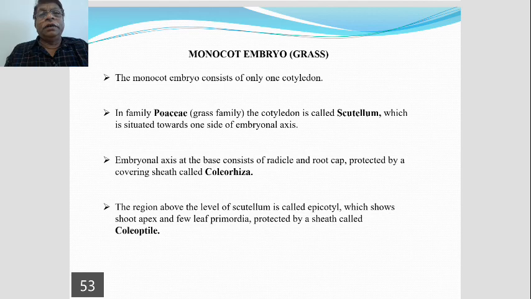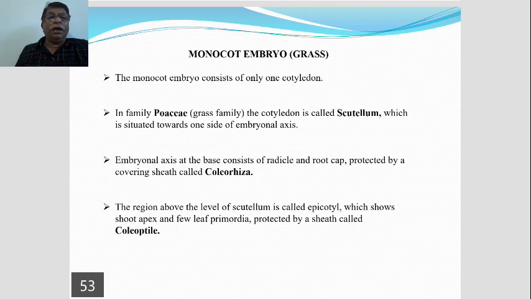It is one of the morphological differences between monocots and dicots. Examples for monocots: jawar, bajra, wheat, maize, etc.